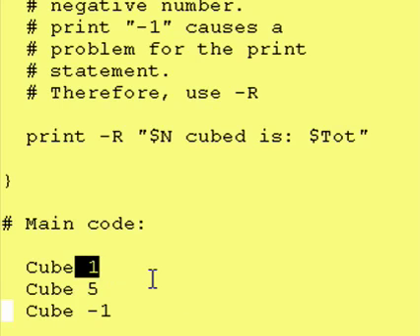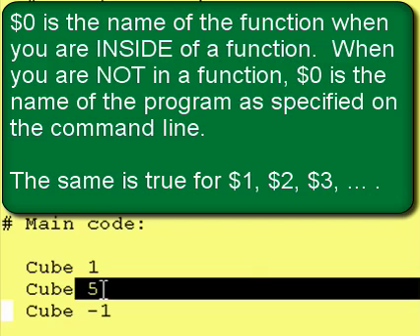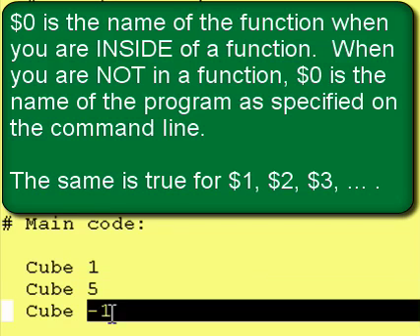This is $1, and $0 is the name of the function, just as $0 was the name of the Korn Shell program as we typed it in on the command line. And the arguments that we passed to the program were $1 through $whatever. In this case, this is $0 exactly as it's typed in, and this is $1. This would also be $1, and this would also be $1.